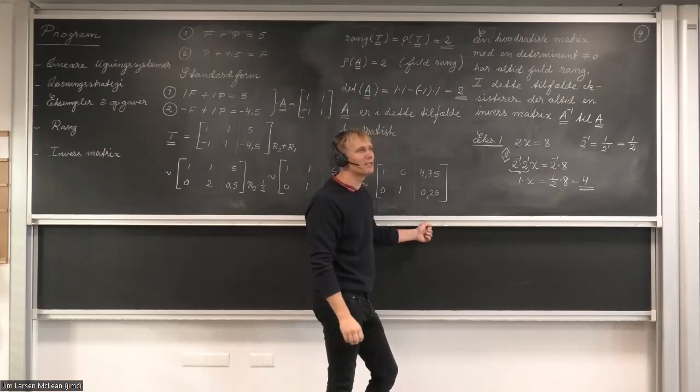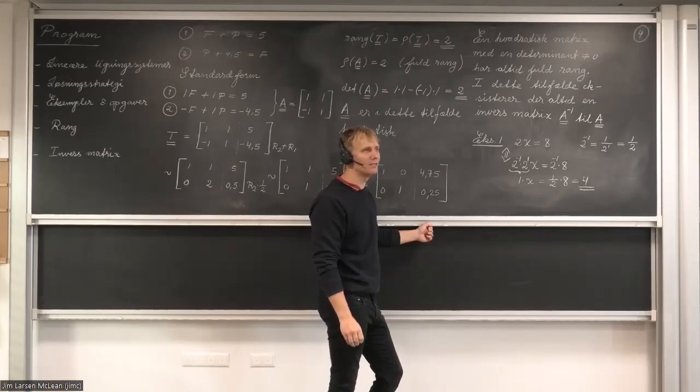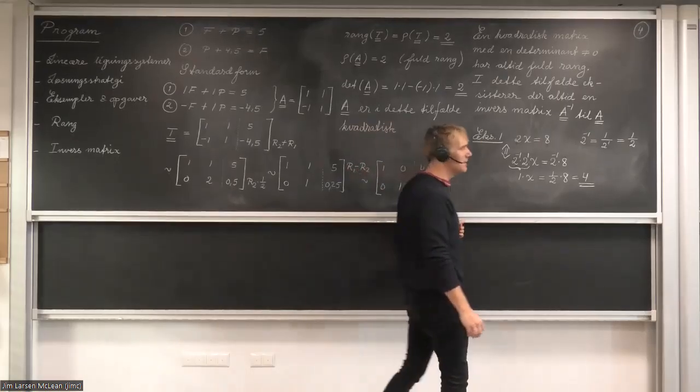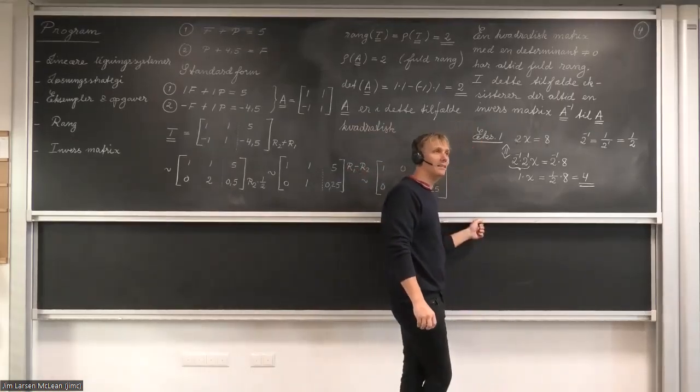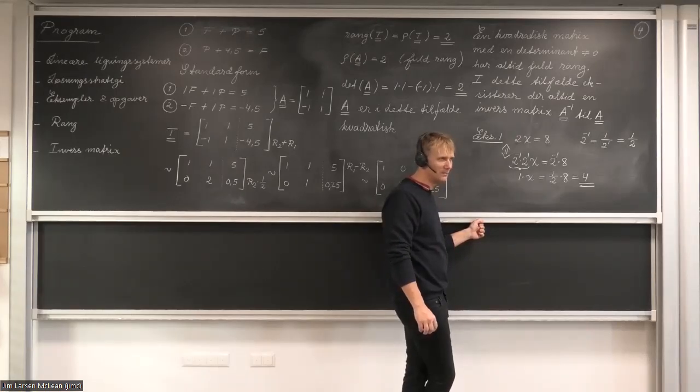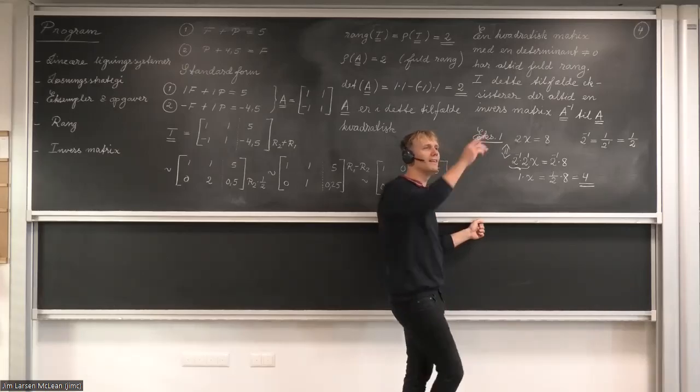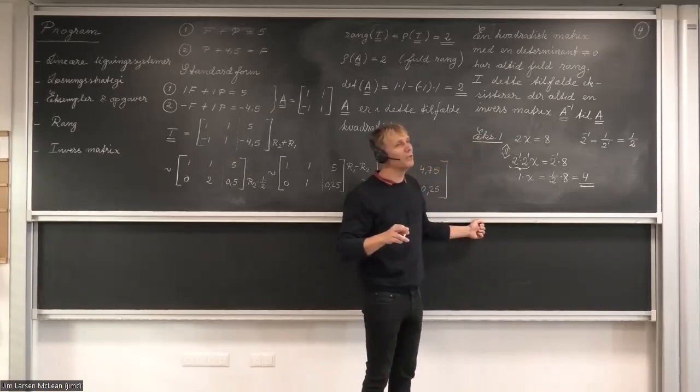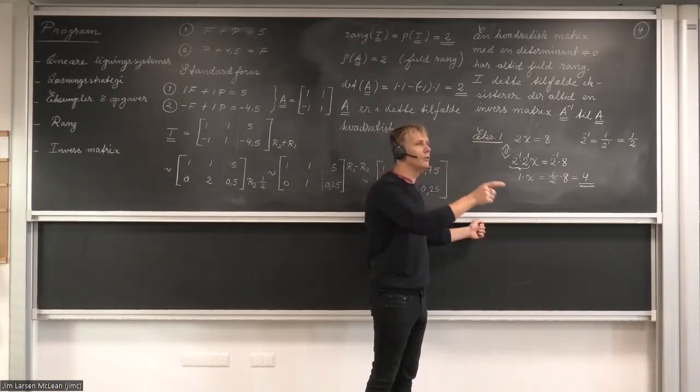Imagine if you could do the same with 10 equations and 10 unknowns. You just need to find the inverse matrix of the coefficient matrix, and then it is solved. You can do that, but it requires that the coefficient matrix is square and that its determinant is not 0. For there must be as many leading ones as there are unknowns to get exactly one solution.